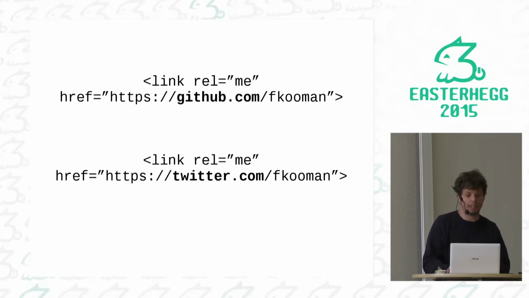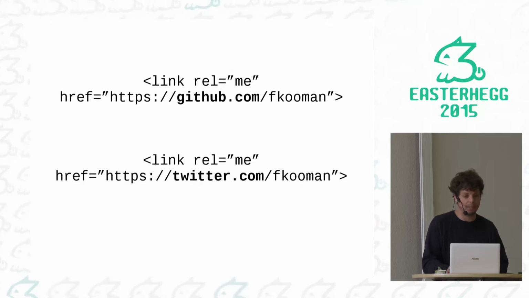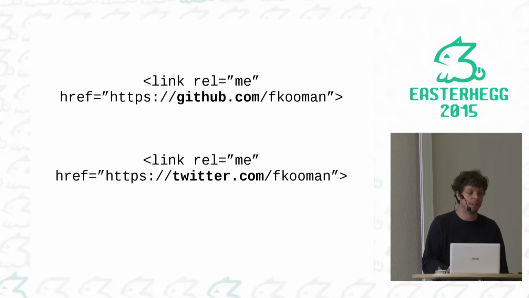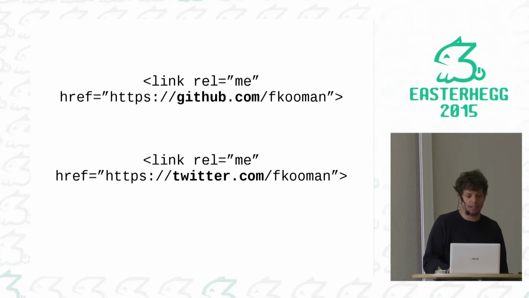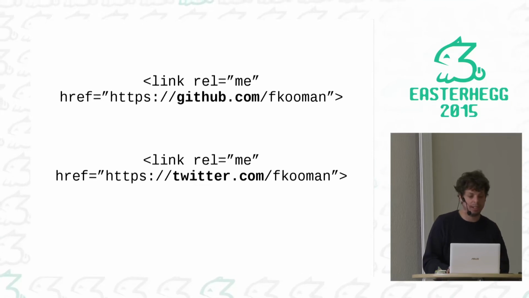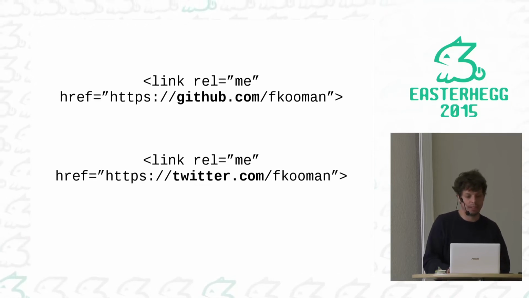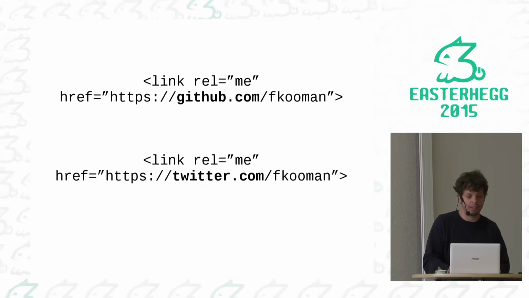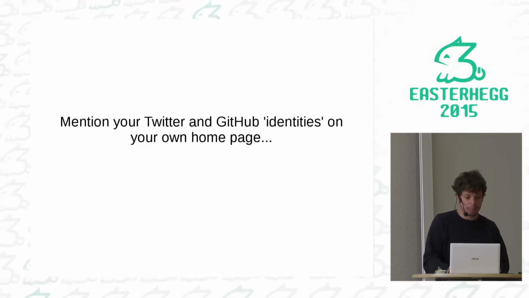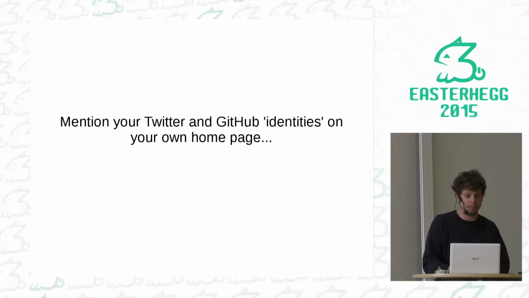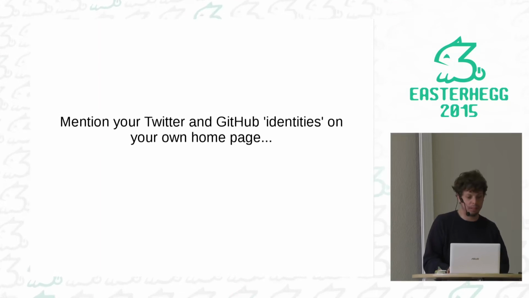And in that way, you will claim your own domain name. So the relying party will know that you authenticated with this account, so it must be your domain. So you can use it as an identity in the service. So that's what you do. You just mention the identities on your own homepage.